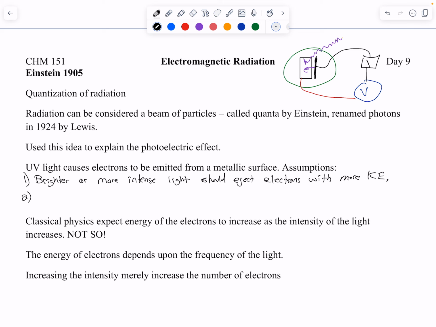And two, the photoelectric effect should occur at any frequency or any wavelength, so to speak.